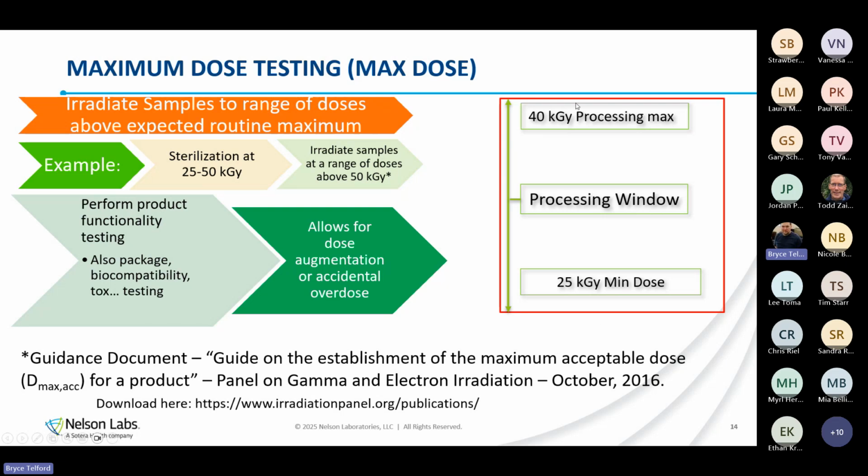Now, when I get to my processing window, I'm going to have that hot spot, so I'm going to have that processing maximum. When I talk about dose uniformity, I talked about that 1.6. So we have our 25 to 40 kilogray processing window, for example. Our maximum dose is going to be the maximum amount of radiation we validated our product to receive and demonstrated that it is functional throughout its defined lifetime.